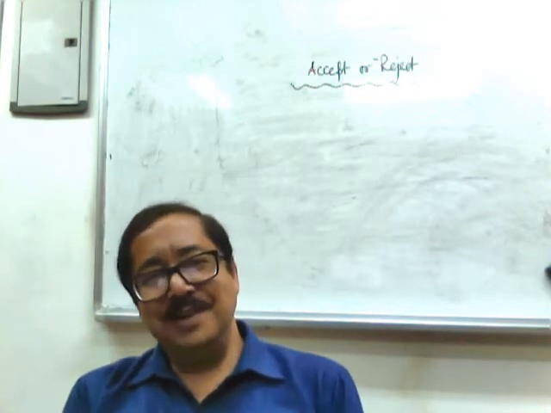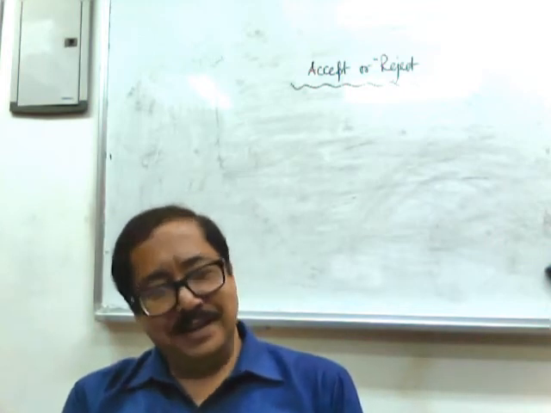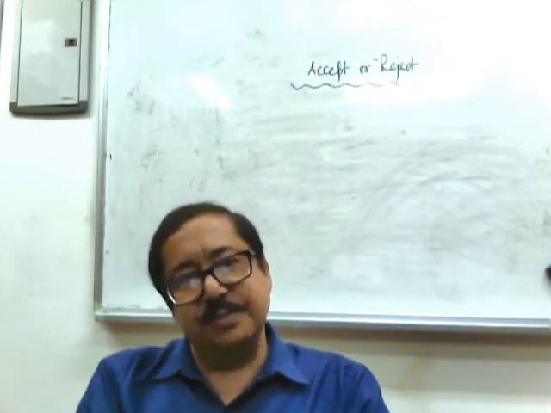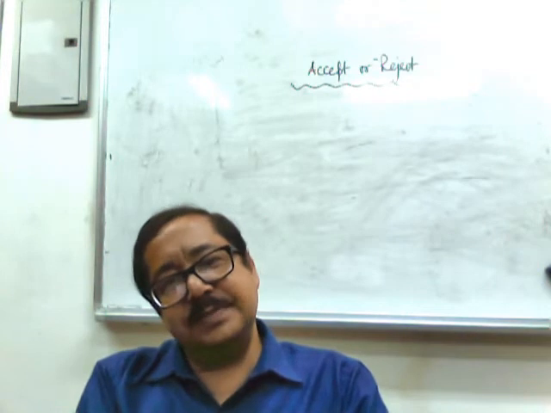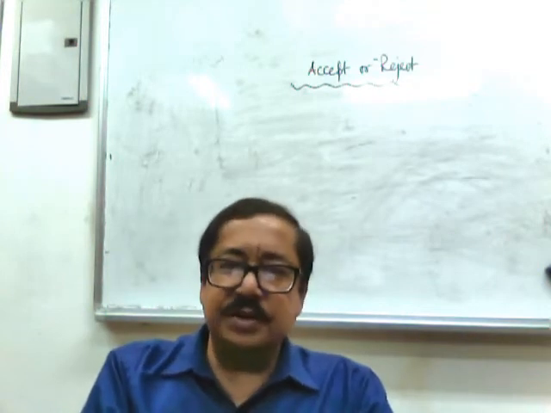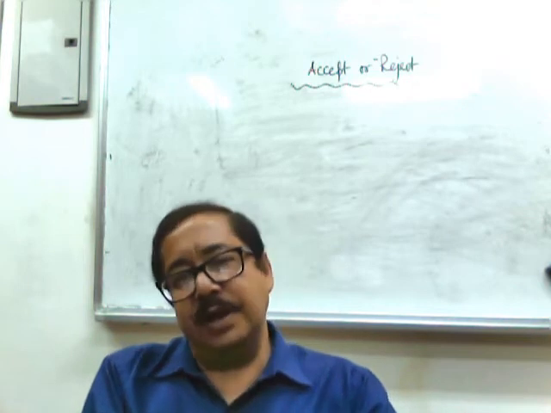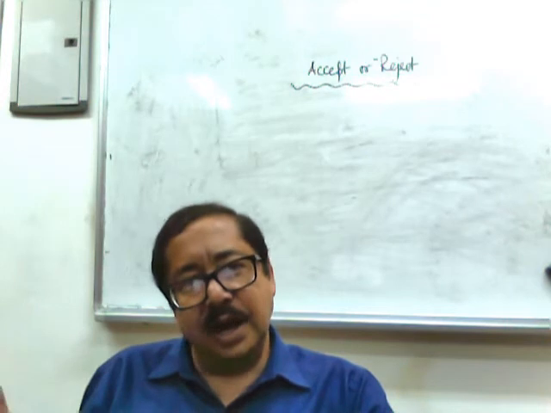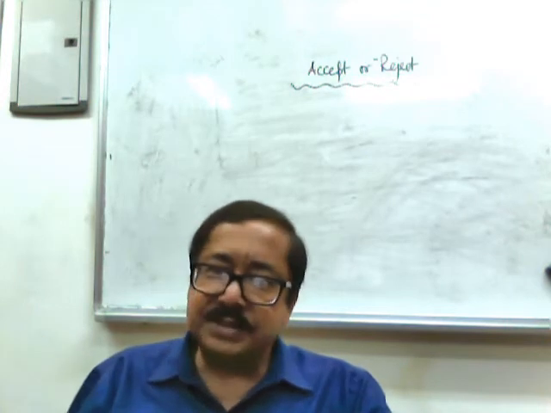Hello everyone, and in this video we'll be discussing another aspect of decision making, which is the accept or reject situation. Now in an accept or reject situation, most of the time we find that the company is presently manufacturing below its maximum capacity.